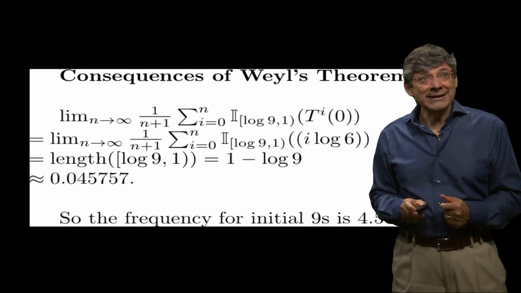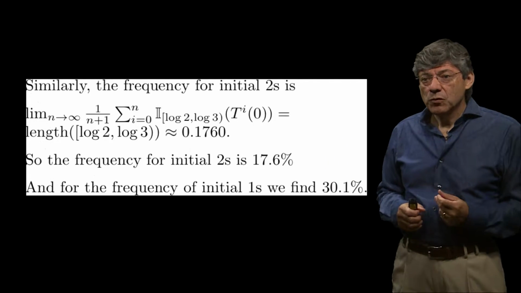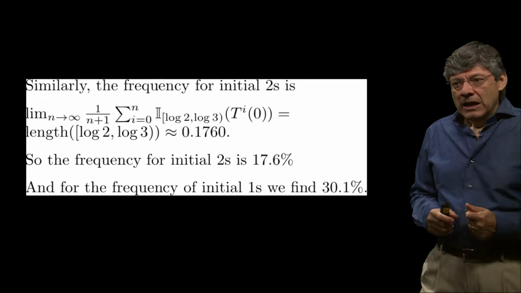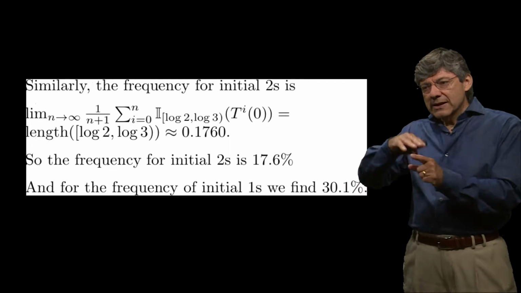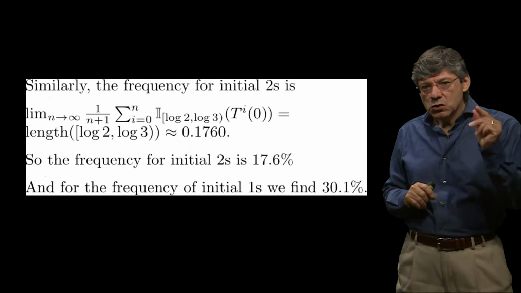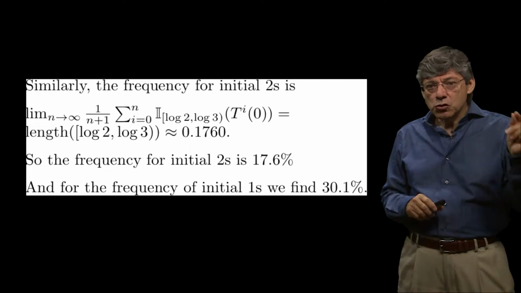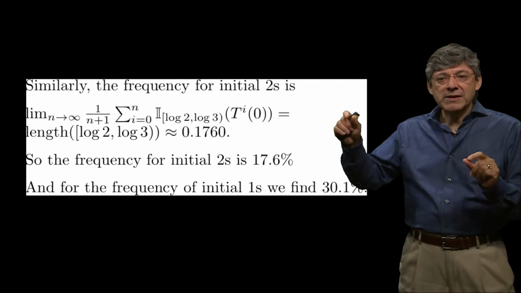We can also ask about the frequency of initial 2s. What does it mean that the first digit of 6 to the n is 2? That means that 6 to the n will be between 2 times 10 to the k and 3 times 10 to the k.